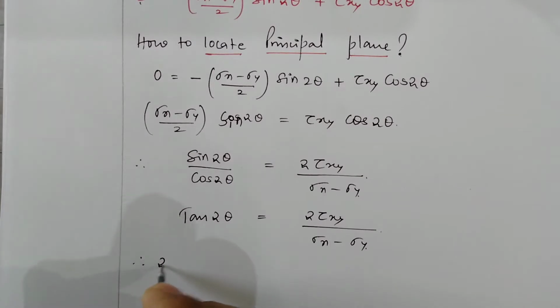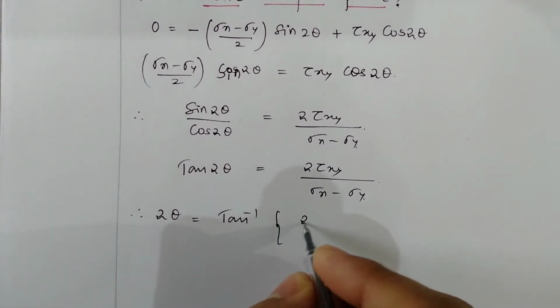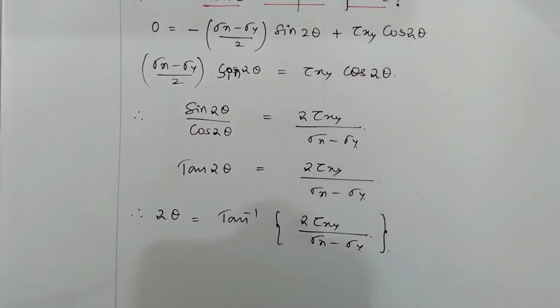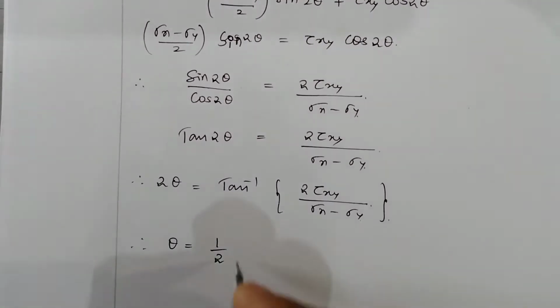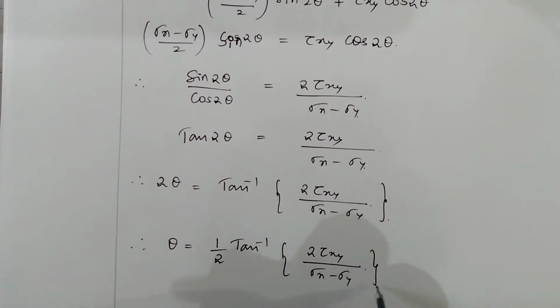Therefore 2 theta is equal to tan inverse of 2 tau xy divided by sigma x minus sigma y. So therefore theta is equal to 1 by 2 tan inverse of 2 tau xy divided by sigma x minus sigma y. This is the value of theta which gives me the location of principal plane.